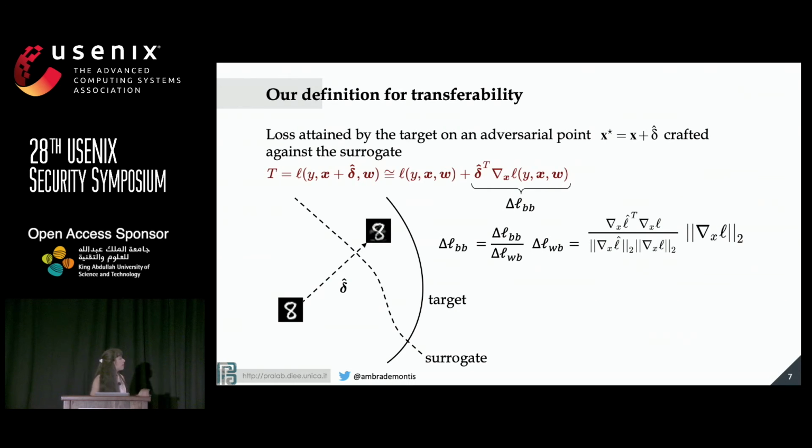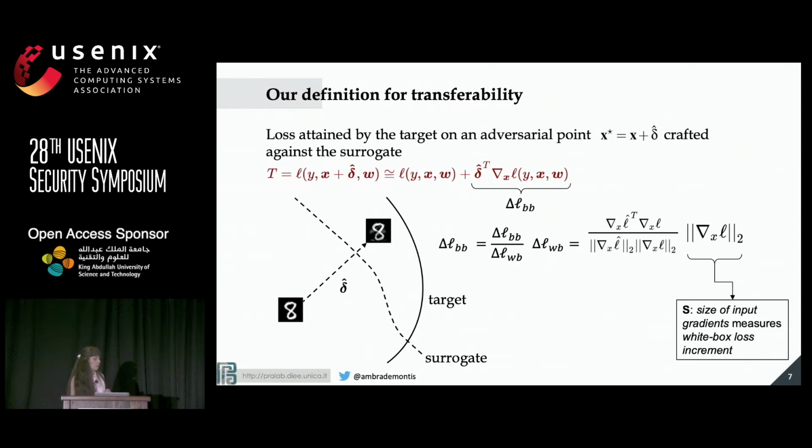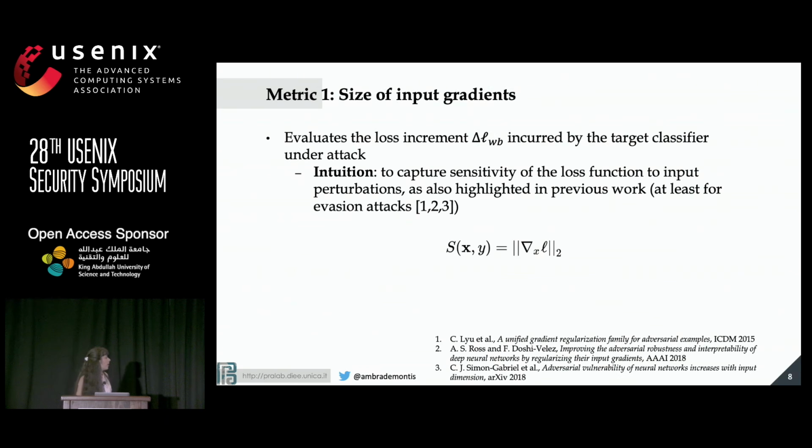We get this formula, which is made by two different factors that are the first two metrics that we proposed. Let's see them one by one in more detail.